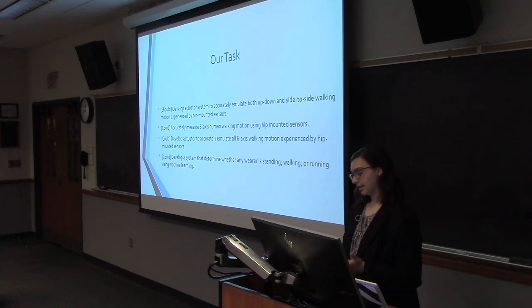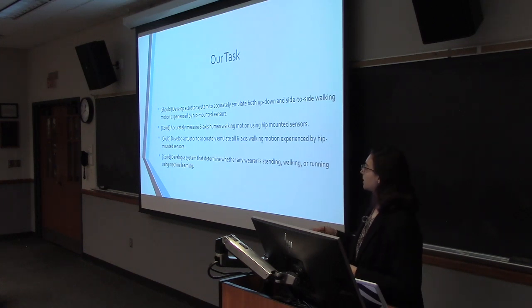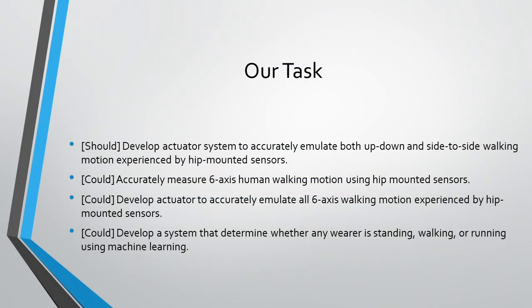We were also given a list of requirements that were not mandatory for the project but would still be helpful to our sponsor. The most important of these, the should requirement, was to develop a system to replicate the motion for both the up and down and the side to side, as experienced by the sensor.